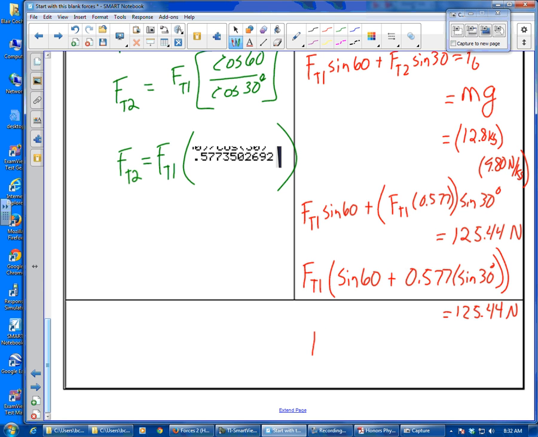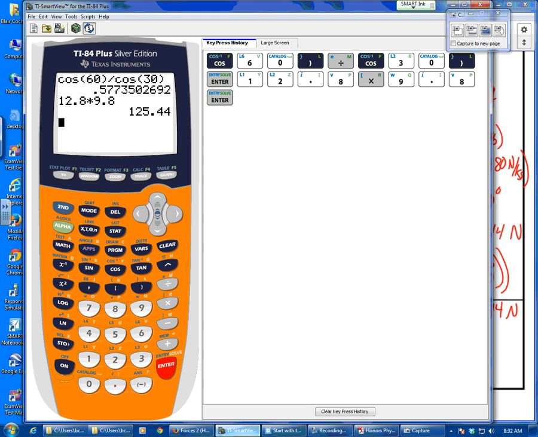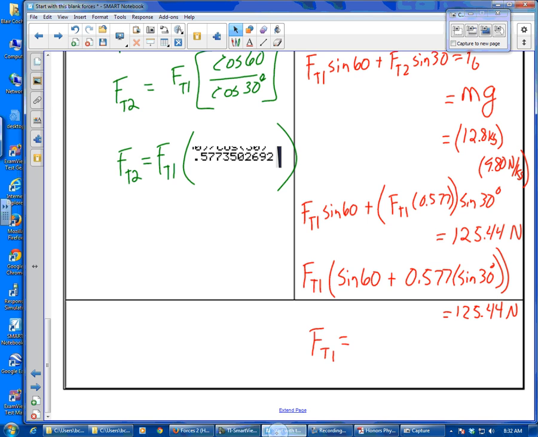So then solve for Ft1. Let's see, 125.44 divided by, and I need to divide it by this whole thing that's multiplied by Ft1.